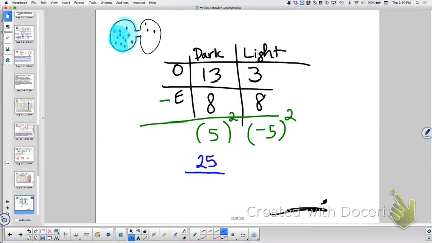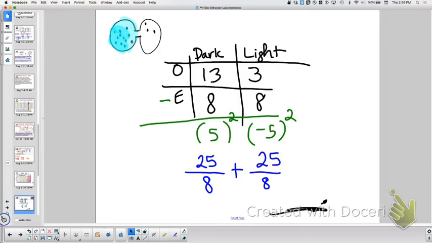25 over, what did we expect? 8. And this would be 25 over 8. So find out what 25 divided by 8 is. Okay, I got 3.125.